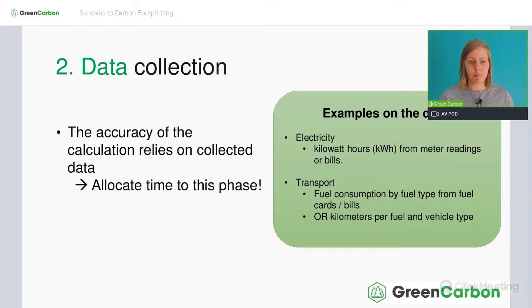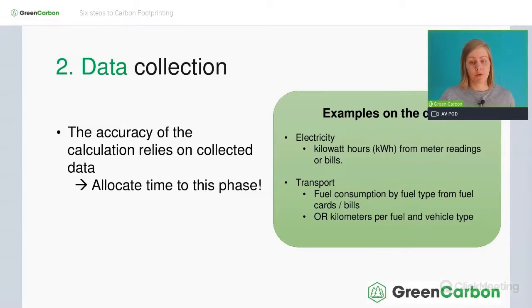In the green box, there are a couple of examples of what kind of data. Electricity is an emission source that almost every company has. So you have to find out the kilowatt hours from, for example, meter readings or bills, or by asking directly the electricity company. Usually you get the report from there too.